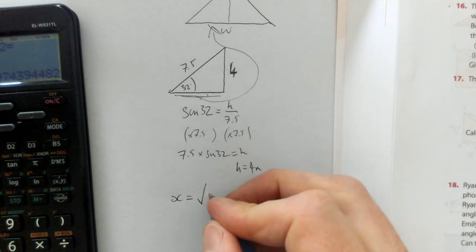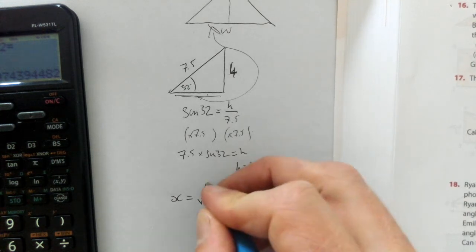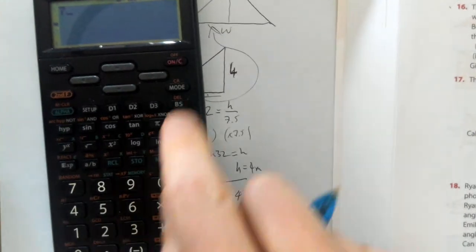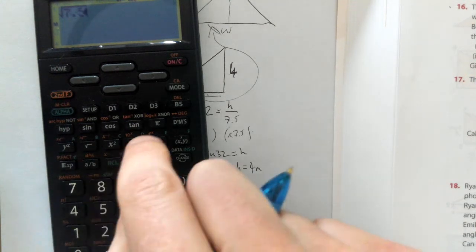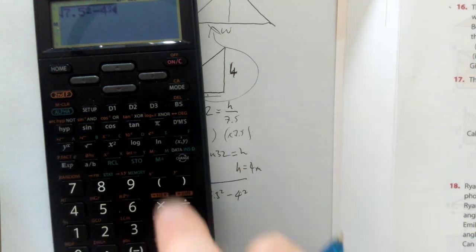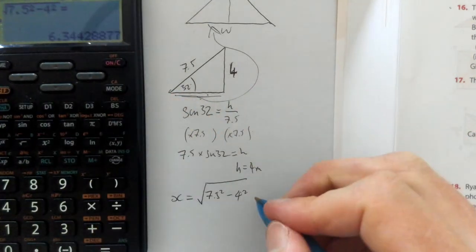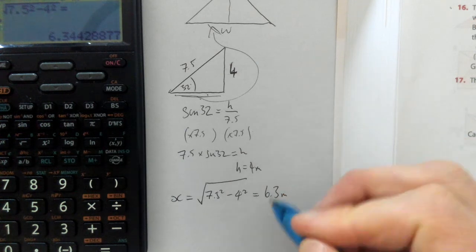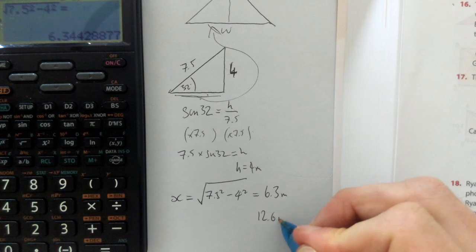We're going to subtract inside the square root: the square root of 7.5 squared minus 4 squared equals, to one decimal place, 6.3. So twice that is 12.6 meters.